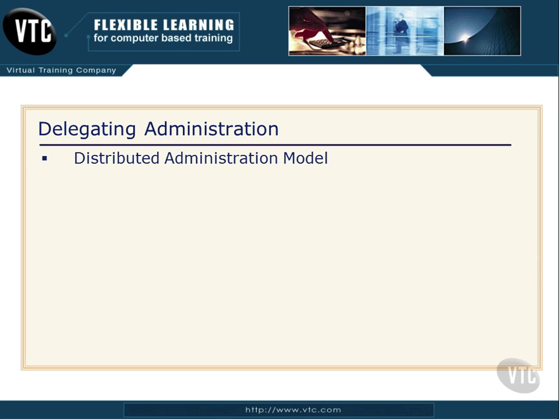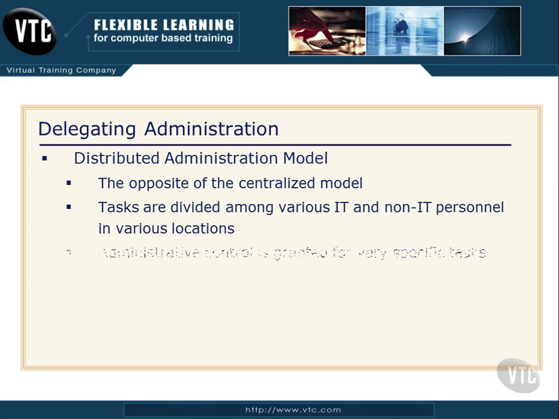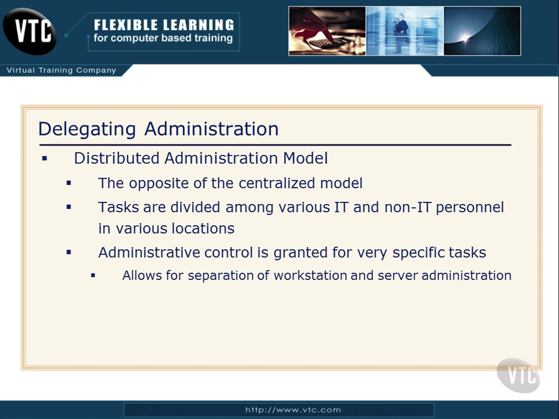Now, if you use the second type, the distributed administration model, this is really the exact opposite of the centralized model. Tasks get divided among various IT and even non-IT personnel in various locations, and administrative control gets granted to these people for very specific tasks. This allows for the separation of workstation and server administration.